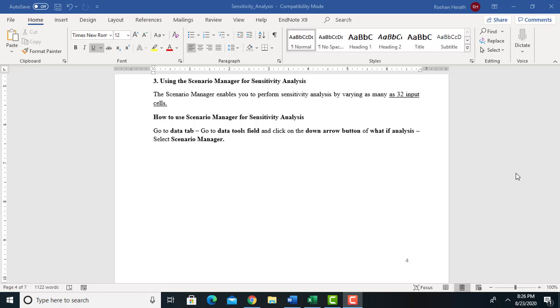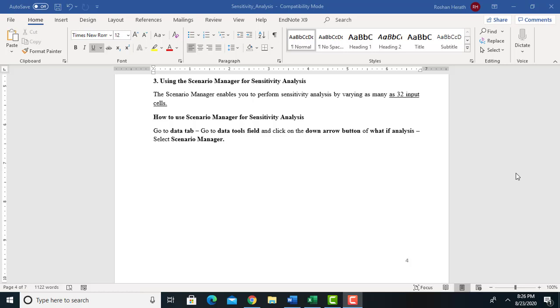Now let's look at how to perform sensitivity analysis using the scenario manager. Earlier we discussed the data tables, the one-way data table and the two-way data table. There we saw that at most we could see the effect of change in two inputs on a particular output or outputs.